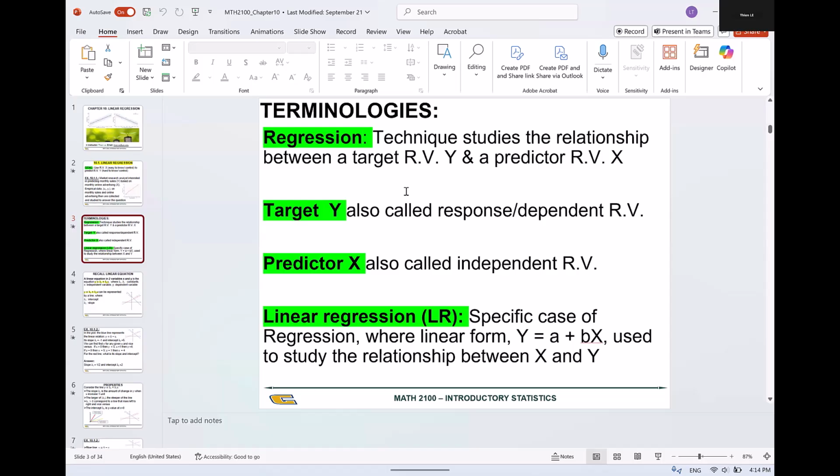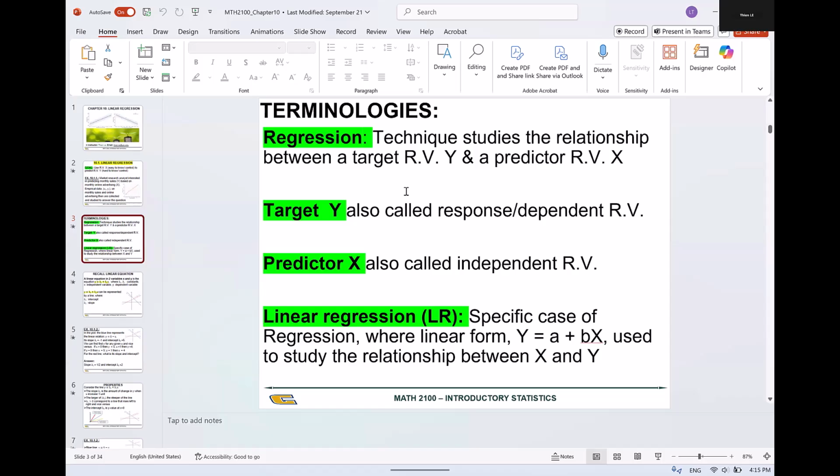Regression can help you do that. The target Y we also call the response or the dependent random variable, and the predictor X we also call the independent random variable. Linear regression, in short, we write LR for this lecture.